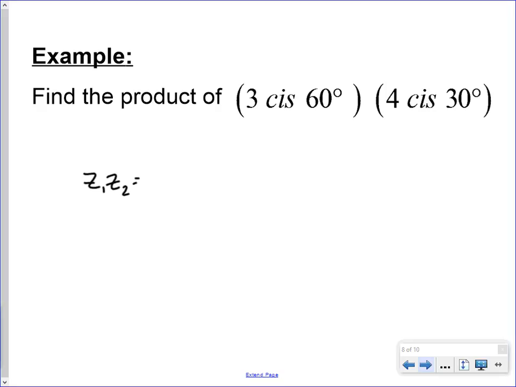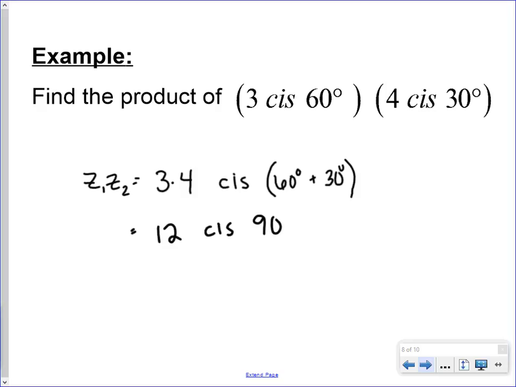I know that to multiply two complex numbers, I first have to find the modulus of each and multiply those together. So that would be 3 times 4. And then do KISS. And for the angle, add the angles, the sum of the angles. So that would be 60 plus 30. I'm showing my work here. You should simplify that. You'd get something like 12 KISS 90.